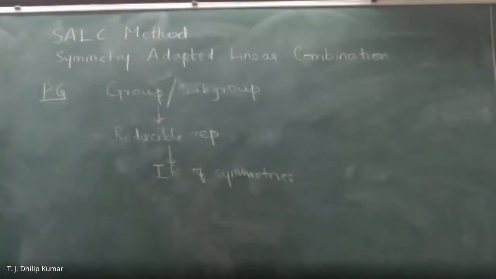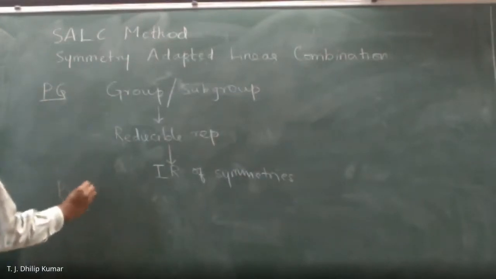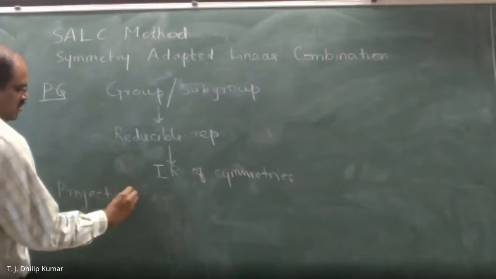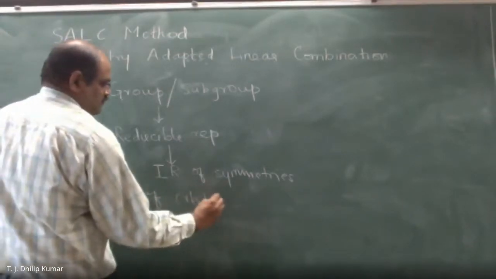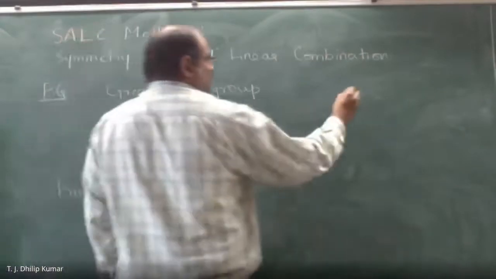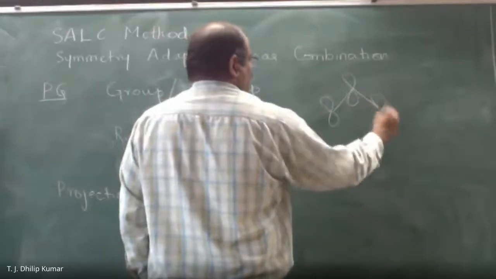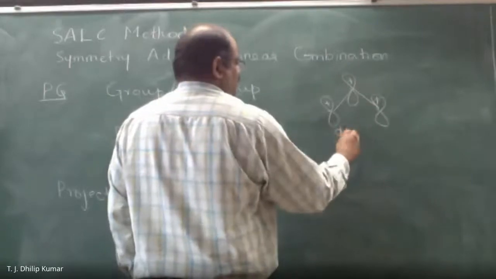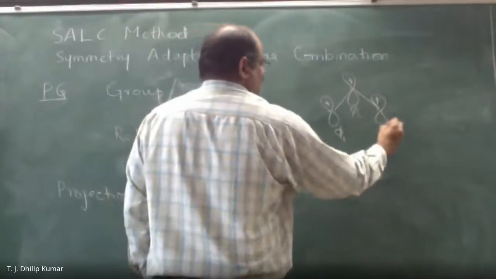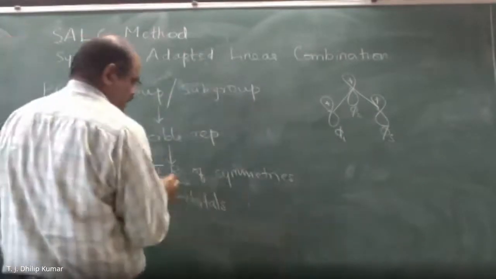Once we get the IRs, then we did the projection of orbitals. Remember, we took the 3 orbitals, right? 1, 2, 3. So we took 3 orbitals and then the projection of orbitals with respect to this IR.